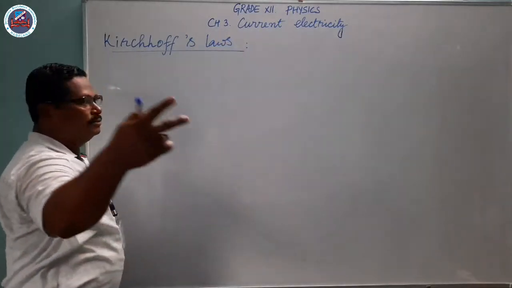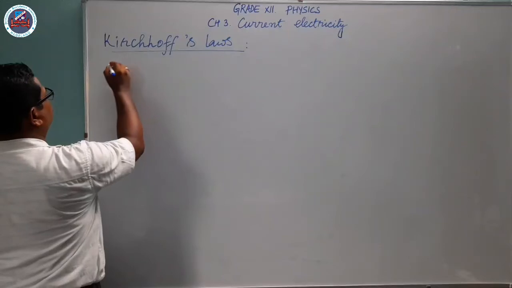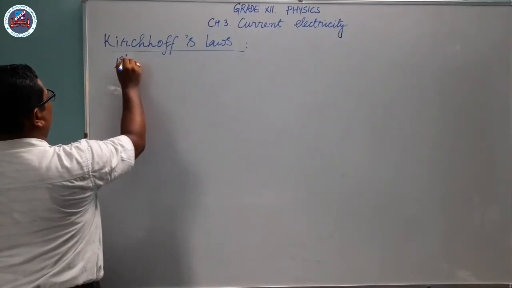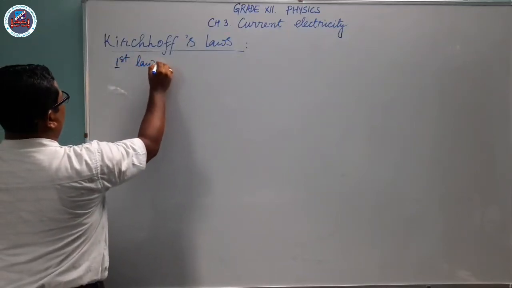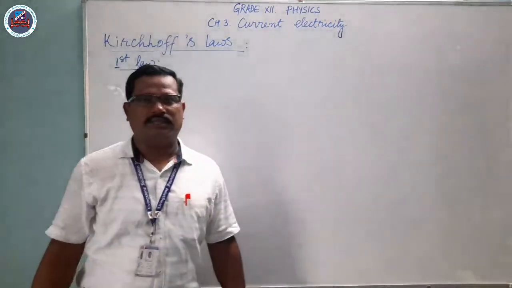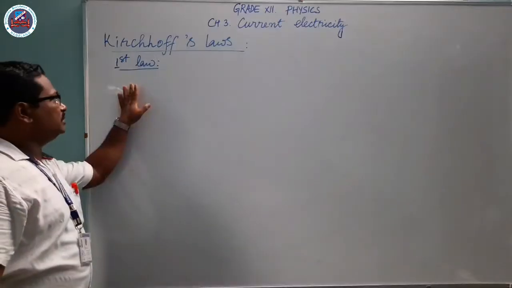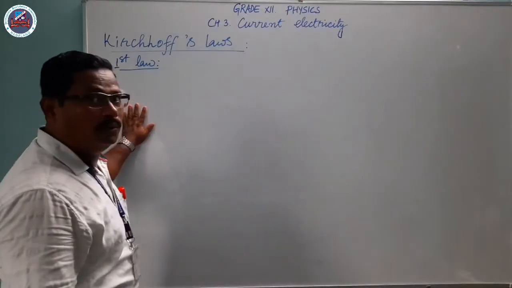It is divided into two parts. The first part is the first law, which follows the law of conservation of charge that we have learned in the first chapter. This is also known as Kirchhoff's current law.